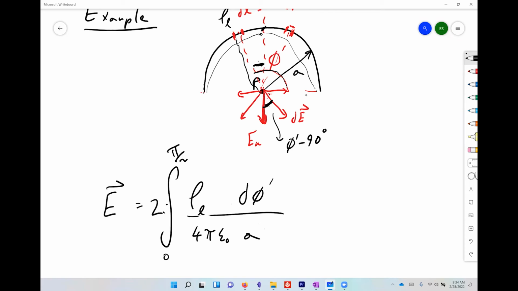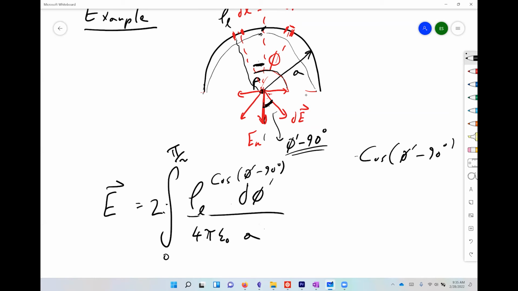But I want to ignore the tangential component. So the tangential component, I want to ignore the normal component. I'll only consider the tangential component. The tangential component is always going to be the field, this field that I'm calculating, projecting it on the normal. What is the angle of projection? It's this. So I need to multiply this by cosine of phi prime minus 90 degrees. What is cosine of phi prime minus 90 degrees?